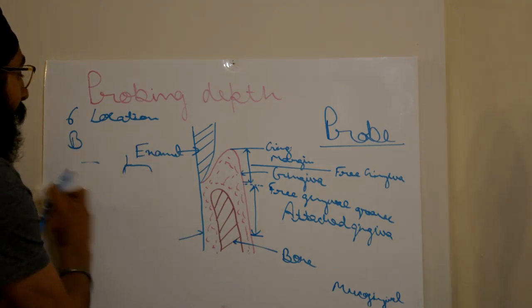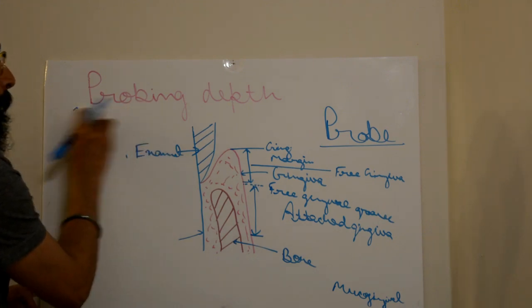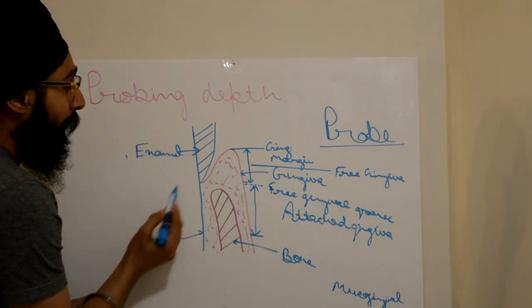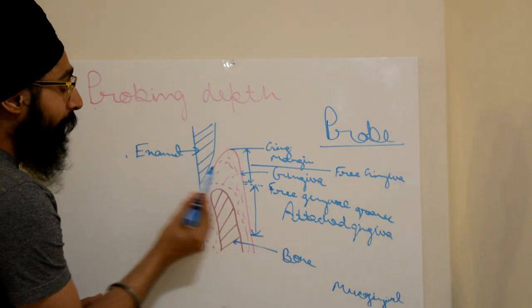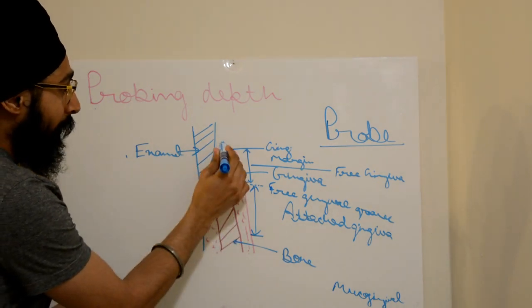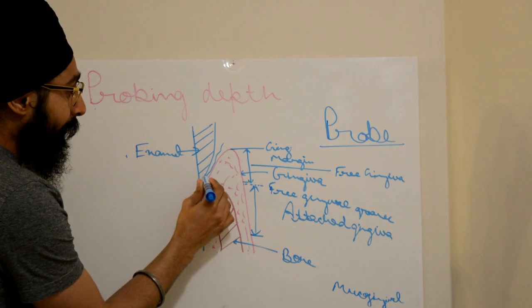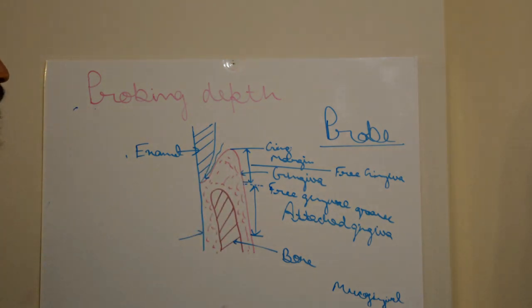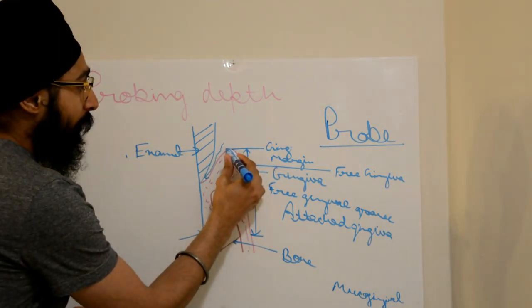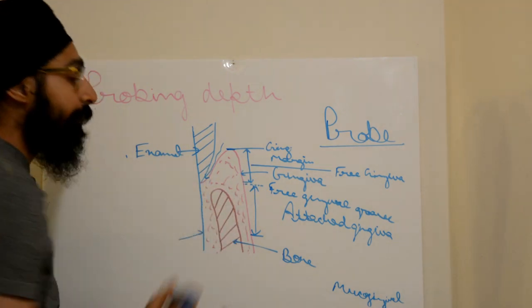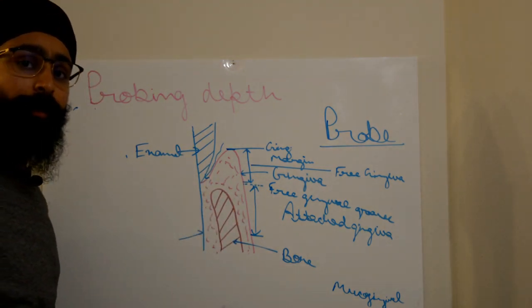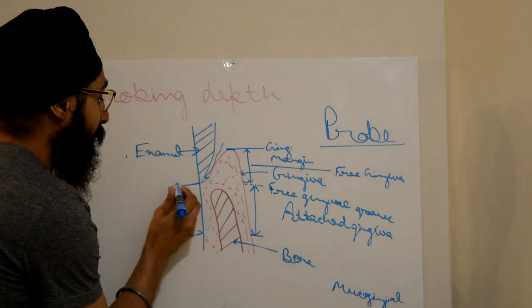Friends, now let's come back to probing depth. A dentist puts the probe between the free gingiva and the enamel surface, that is here. The distance between the gingival margin and a fixed point on the tooth, the fixed point we take as CEJ.